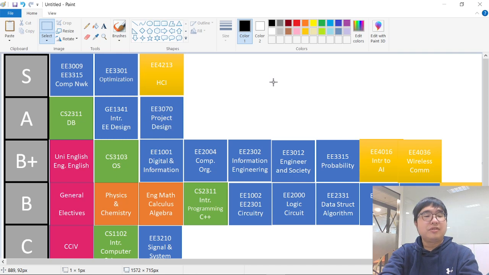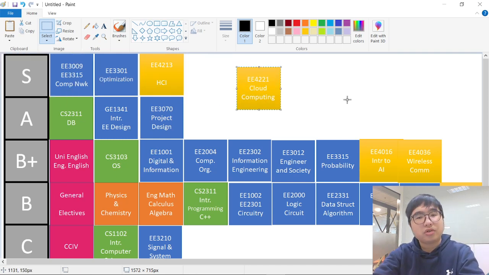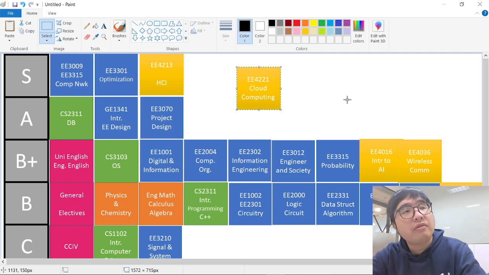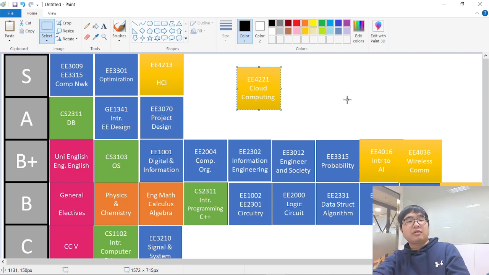Up next is the cloud computing course, or the 4221. For this one, it's a bit of an odd one, because you do learn concepts about cloud computing.